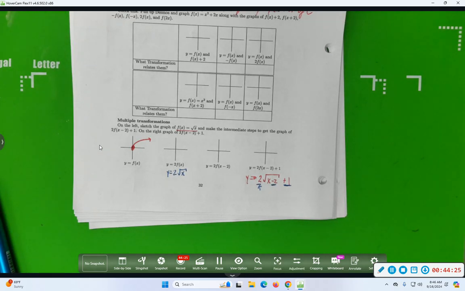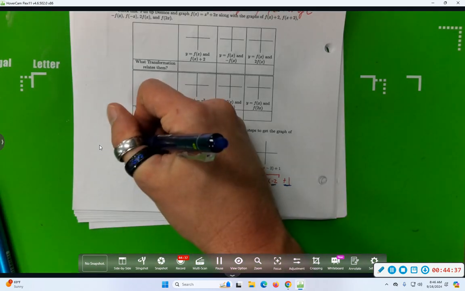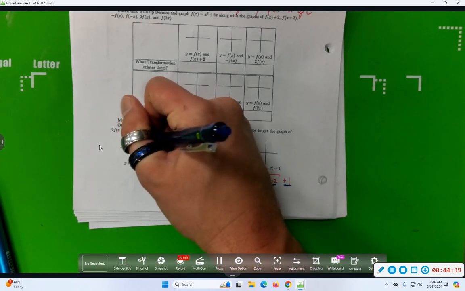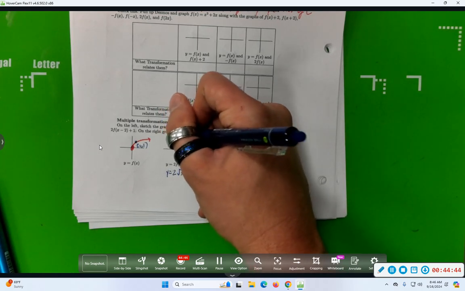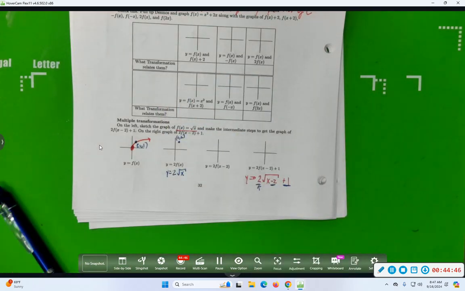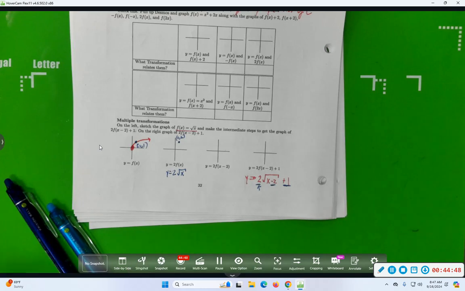What do you do to the xy coordinates to multiply the function by 2? Vertical stretch by a factor of 2. So since the square root function has this point at 1, 1 on it, the new one will have a point at 1, 2. Otherwise, the graph will look the same-ish.